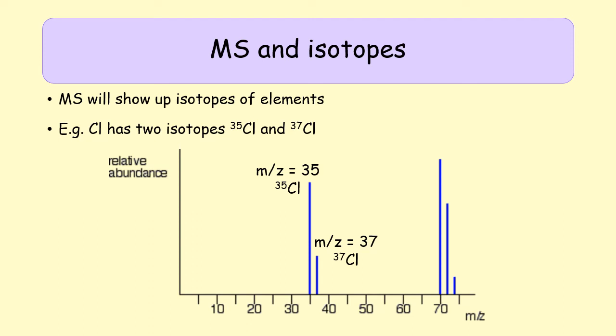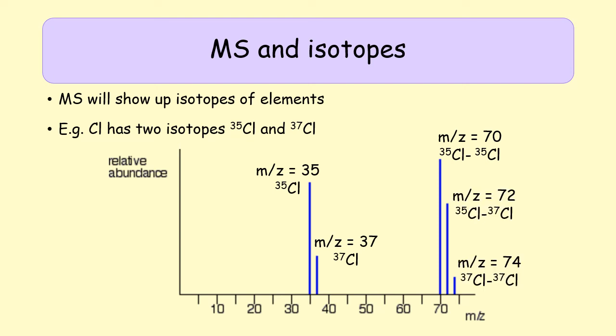So these are at 70, 72 and 74. The 70 is for 2 chlorine 35 together. The 72 is for a 35 and a 37. And then we've got the really small one, which is 74 for a 37 and a 37.